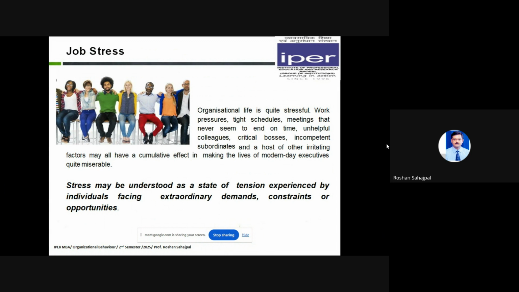So stress can be basically understood as a state of tension, which is experienced by individual employees because of extraordinary demands and constraints of the current work scenario, right? So there are demands of multitasking. There are demands of doing things which normally is done by 2 or 3 people, and then there are deadlines to be met because there is a competition.